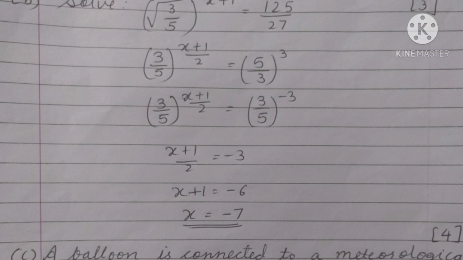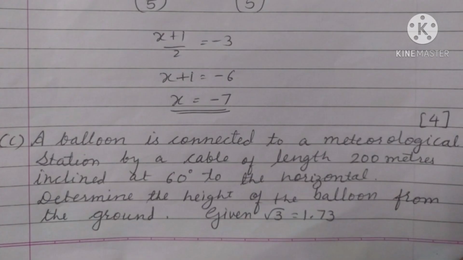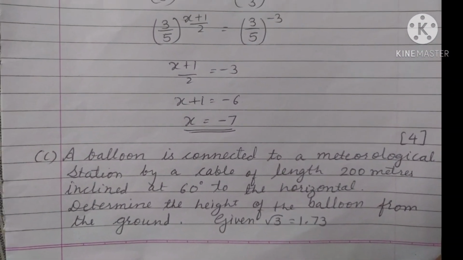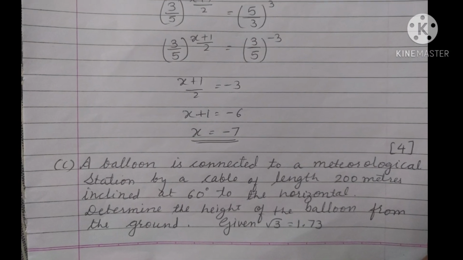Now the last question of this worksheet, this is question number C. Question number C is: a balloon is connected to a meteorological station by a cable of length 200 meters inclined at 60 degree to the horizontal. Determine the height of the balloon from the ground. Given root 3 is equal to 1.73.